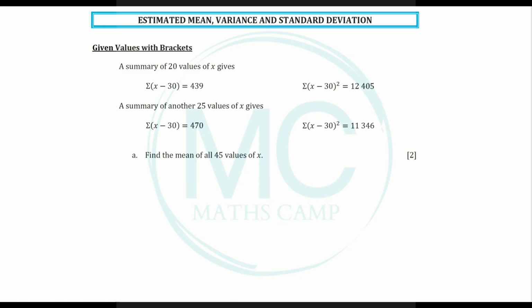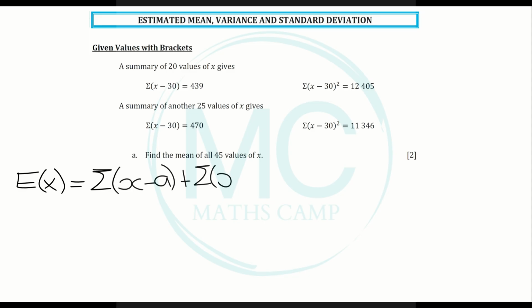To find the mean of all 45 values, we can say that the mean is equal to the value of sigma x minus a from our first set plus sigma x minus a from our second set, all over the total number of values in set 1 plus the total number of values in set 2, plus the value of a.